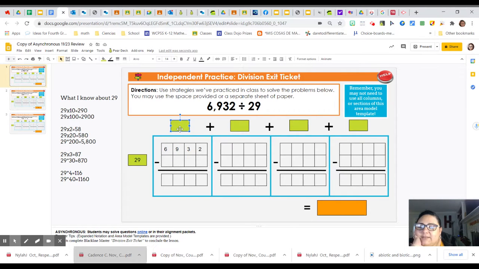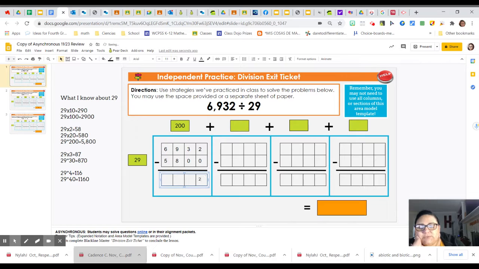So I will start by saying I'm going to find 200 groups of 29. So once I found 200 groups of 29, that means that we found 5,800. And we're going to subtract that because that means that we're sharing that equally.